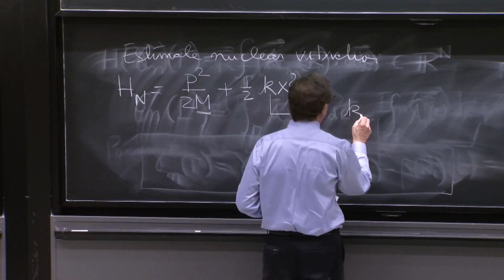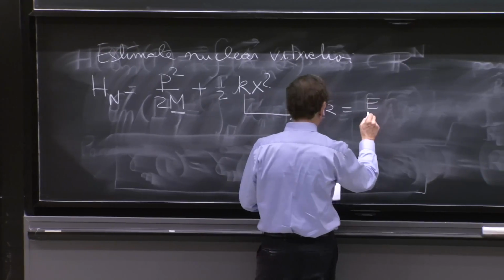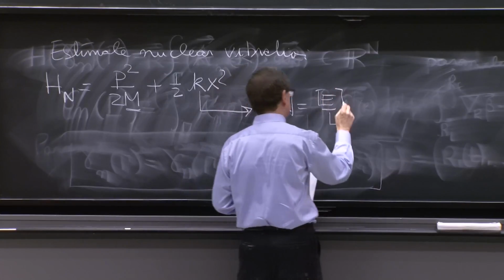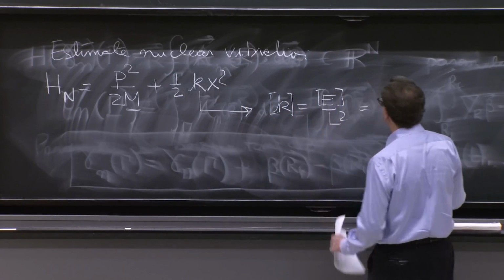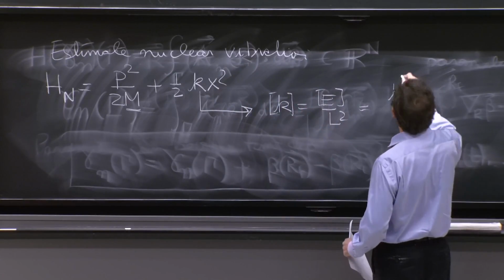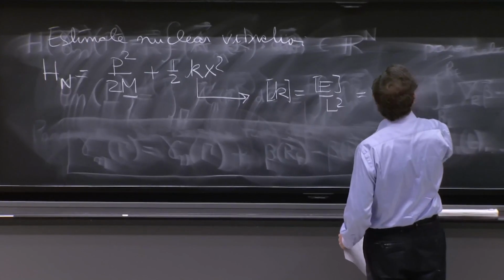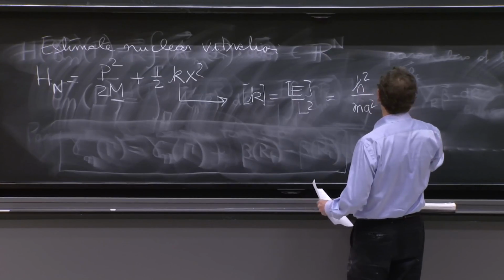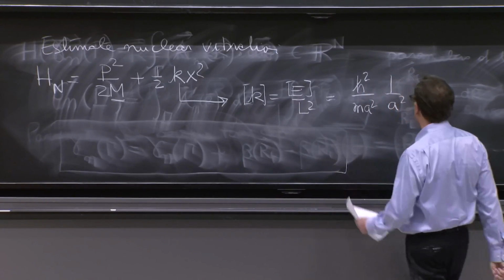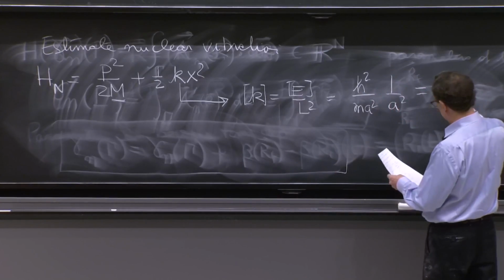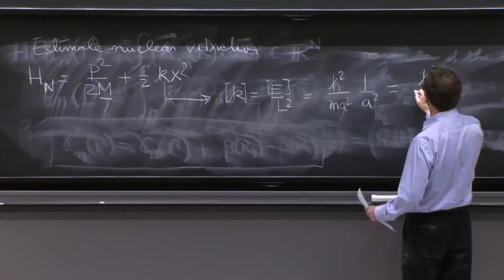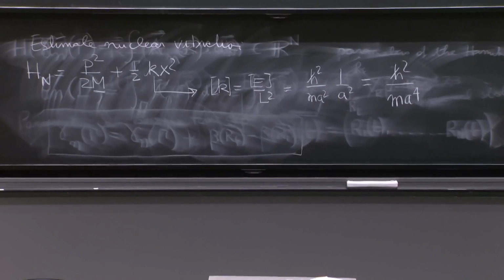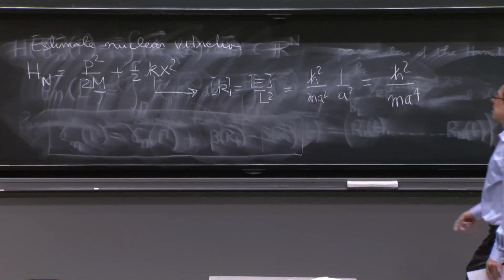So K has units of E over L squared. And for energy, we have this energy of the electron, and length, the scale of the molecule. So K is proportional to h bar squared over m a to the 4th. It just cannot depend on the mass of the nuclei.